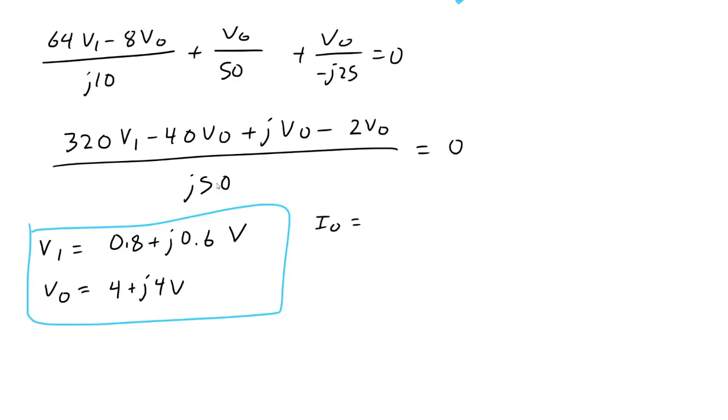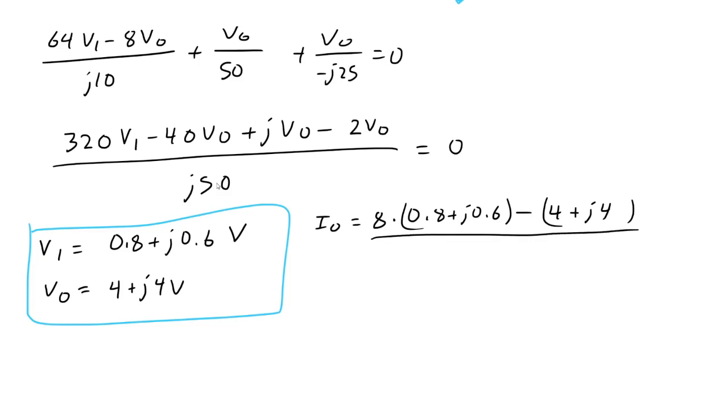So IO is going to be 8 times 0.8 plus J0.6 minus 4 plus J4, divided by the impedance, minus J20, which means that IO is going to equal 0.005 minus J0.015 amperes.